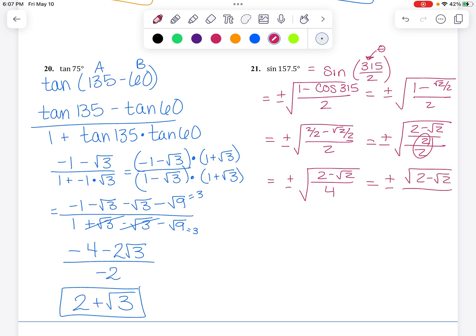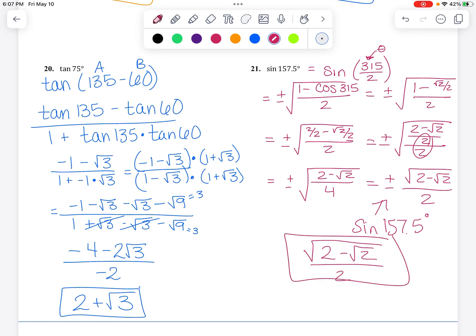And I square root both the top and the bottom of the fraction. Square root of 4 is 2. To determine positive or negative, remember we're looking at the 157.5 degree angle, which that's in quadrant 2, where sine is positive.